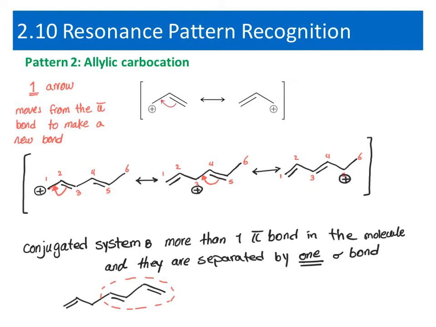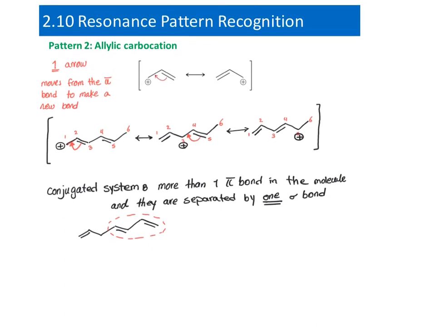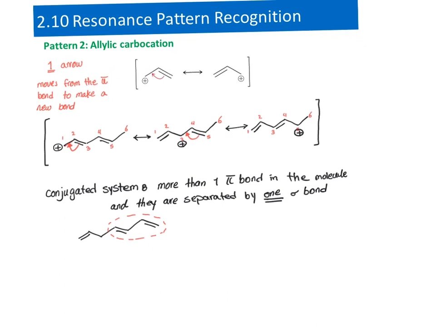Sometimes we have a positive or negative charge conjugated with a pi system as well. So what does that mean? If you look at the first example that we worked on, right here, this pi conjugated system, okay, so we have a pi bond separated with a sigma bond with another pi bond, and then we have a charge which is also separated with a sigma bond with a pi bond.